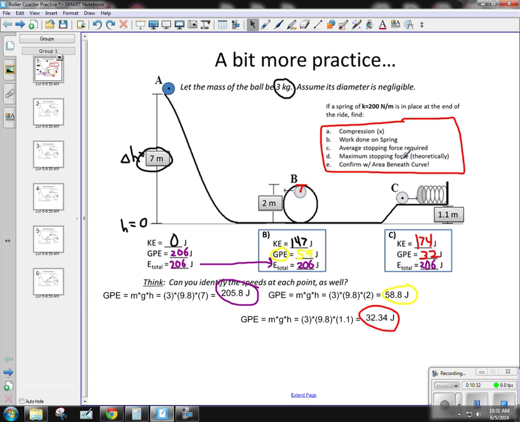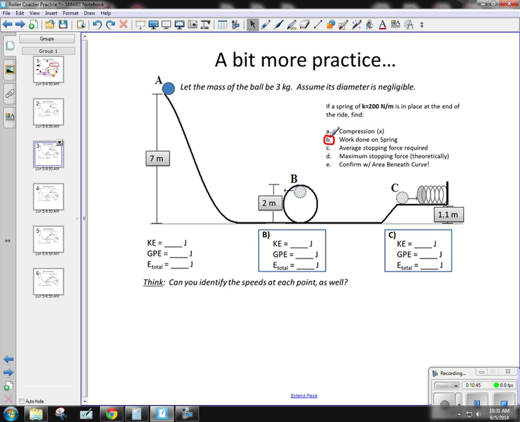The maximum stopping force, again, we'll just find that theoretically. And then I want to give you a little bit extra practice with area beneath the curve. I'll show you how that works. So let's look at this question B first, work done on a spring.